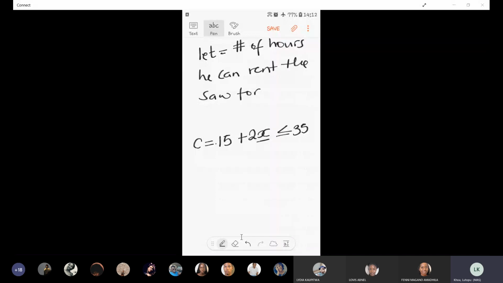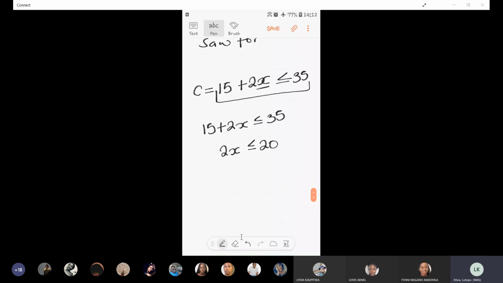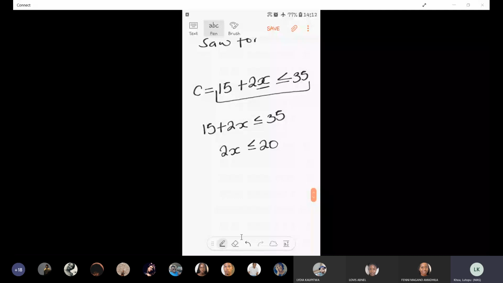Now this is a simple linear inequality that we solve. This is 15 plus 2x. This is less than or equal to 35. And then we'll subtract 15 on both sides. We get 2x less than or equal to 20. And then we will divide by 2 on both sides.